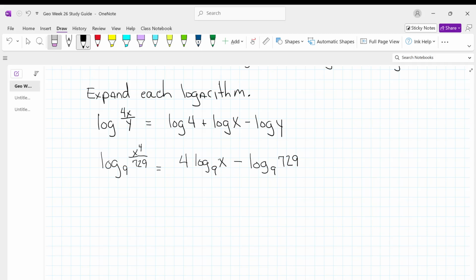So all of this simplifies to 4 log 9 of x minus 3. Any questions on any of those?